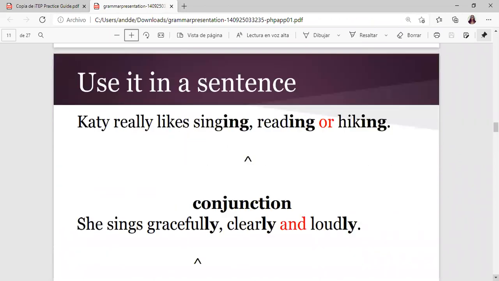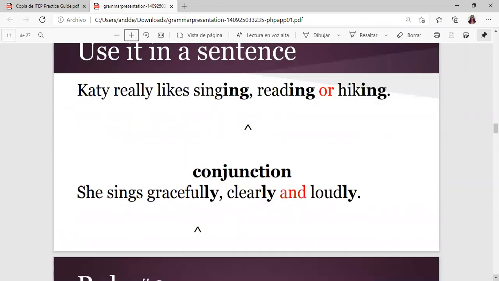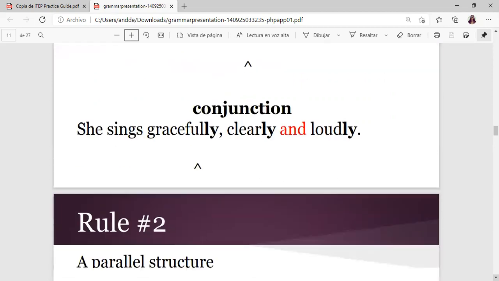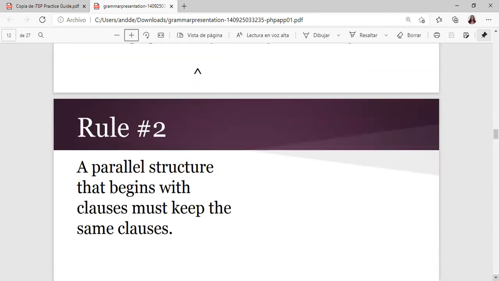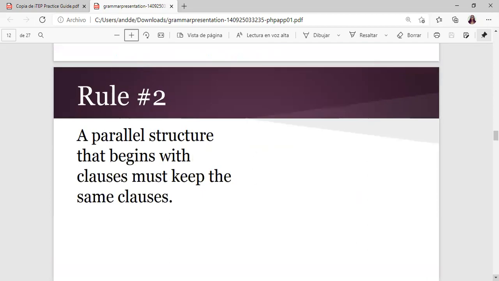This is the way in which I was previously mentioning that sometimes you can use some conjunctions to join the parts of the sentence correctly.